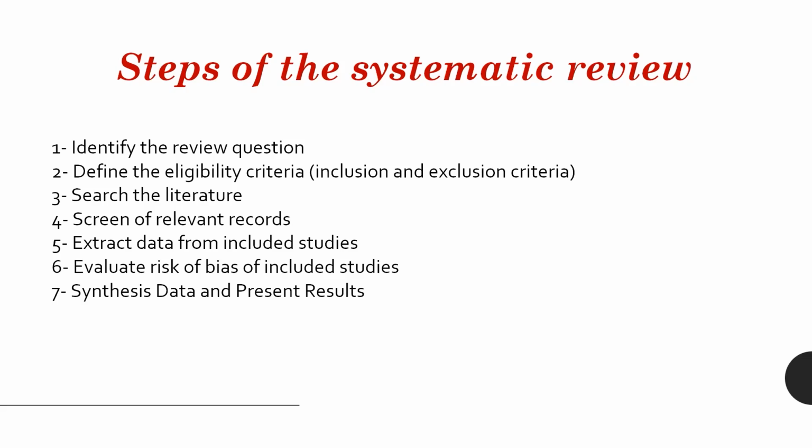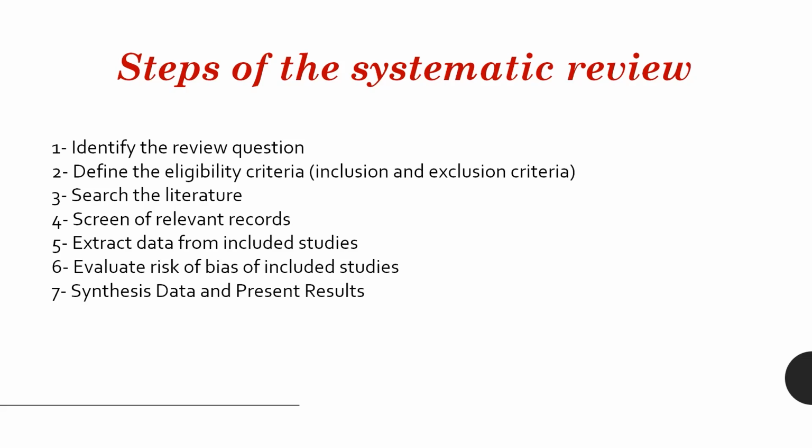Number three, searching the literature. We will run searches in databases identified as relevant to our topic. Number four, screen the relevant records, which is selecting the studies based on the predefined criteria as either included or excluded.